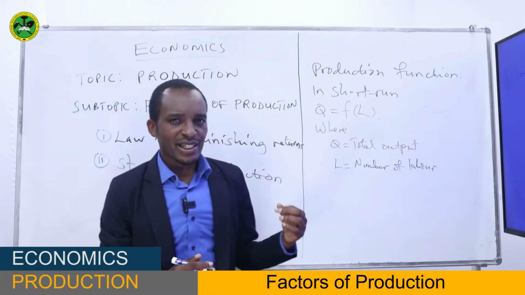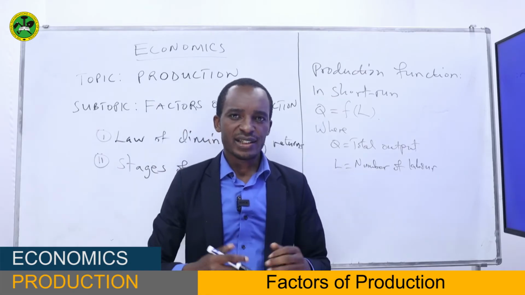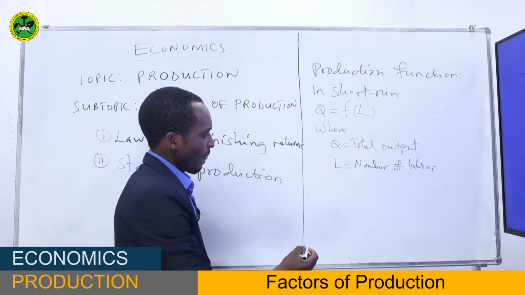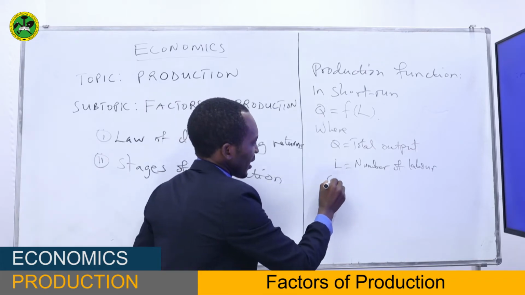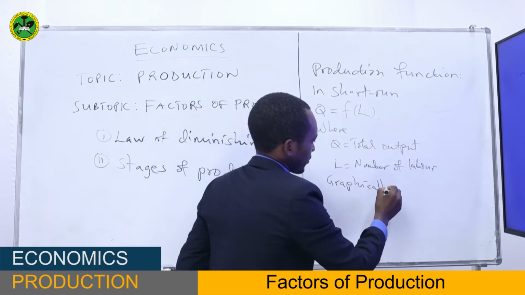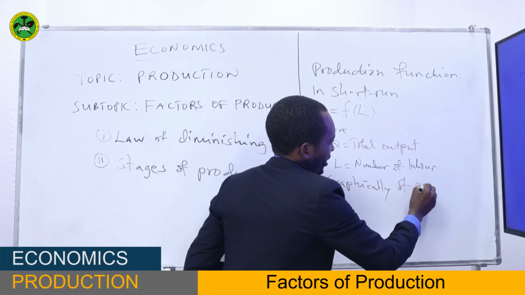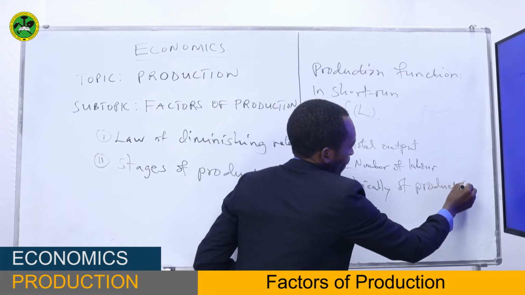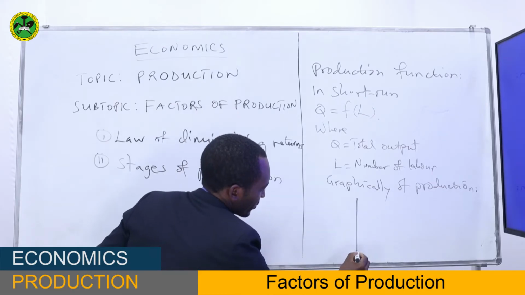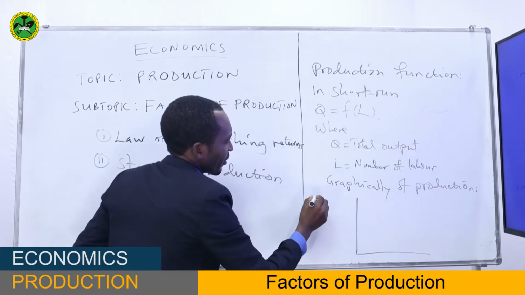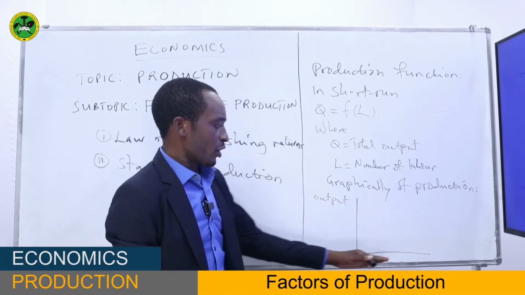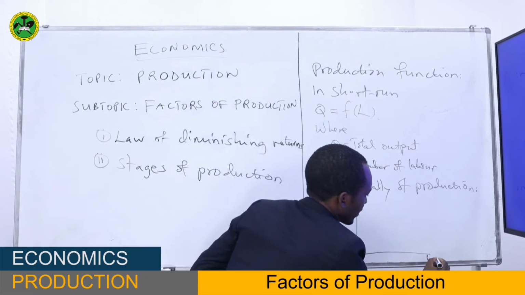So when we present the production function graphically, it will be like this one. Here we put the output or total output, and on the horizontal axis we put the units of labor.